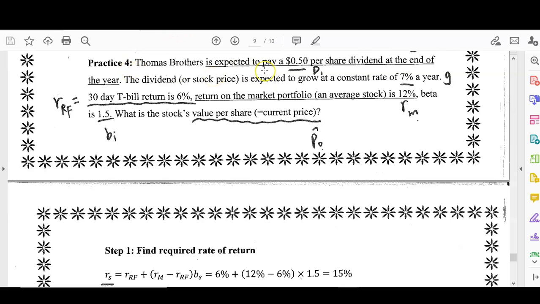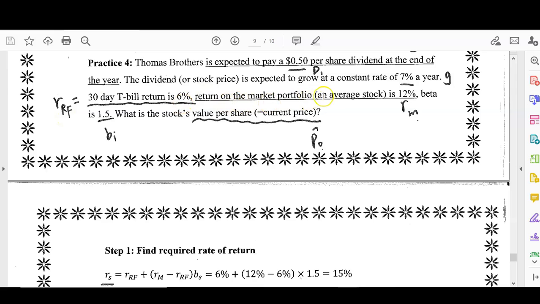Practice 4. This firm is expected to pay a dividend of 0.5 per share at the end of the year, so it's D1. Dividends are growing at a constant rate G of 7%. The 30-day Treasury bill return is 6%. Remember, the 30-day Treasury bill return is the risk-free rate, RRF, 6%.